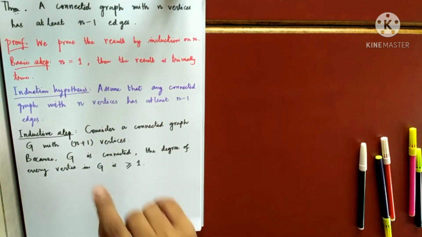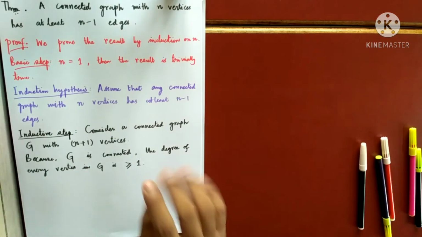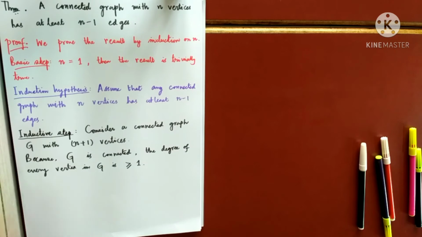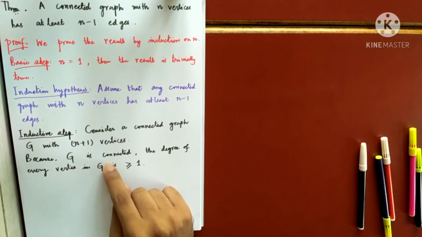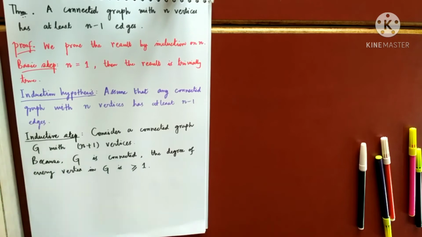First, I will assume that the degree of every vertex in G is at least 1. This is true in G. I will do the proof in two cases. First, suppose that G has all vertices having degree greater or equal to 2. I will do the proof in that case, and then suppose that G has a vertex of degree 1.